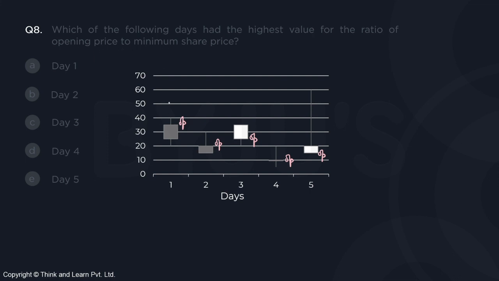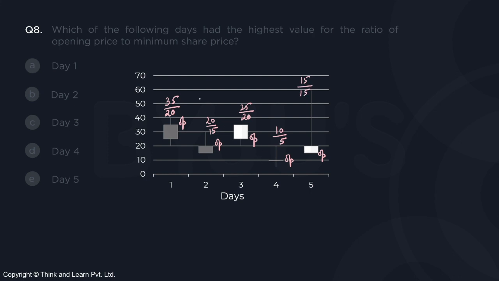Here opening is 35, minimum is 20, so the ratio is 35 by 20. Here opening is 20, minimum is 15, so the ratio is 20 by 15. Here opening is 25 and minimum is 20, so 25 by 20. Here opening is 10 and minimum is 5, so it is 10 by 5. And finally the opening is 15 and minimum is also 15.